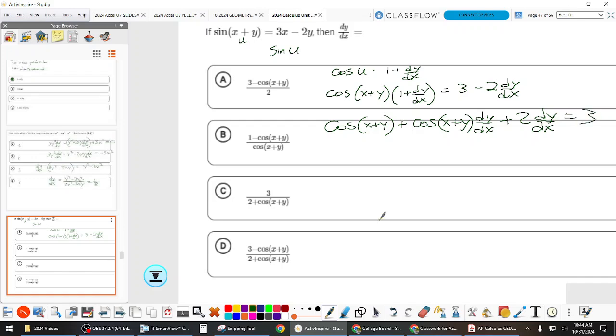Okay. And then let's do, subtract the cosine. Yep. And pull out or factor out that.